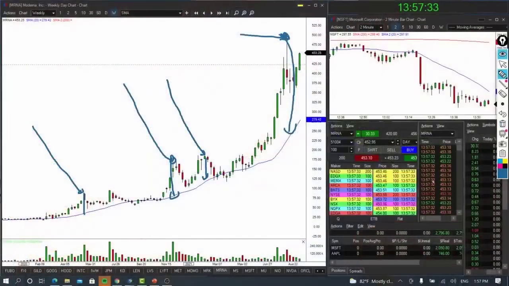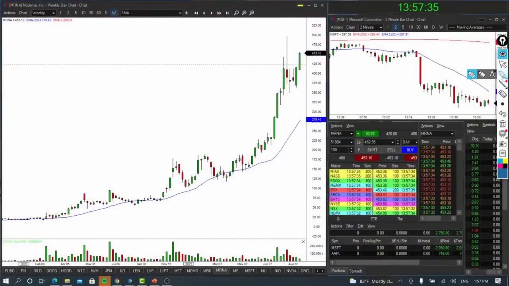Let's get into this a little deeper. It's getting interesting. We're just warming up. Okay? Check this out. Take a look at Moderna moving to a new high. Look at this. New high. We move to a new high and we fail.